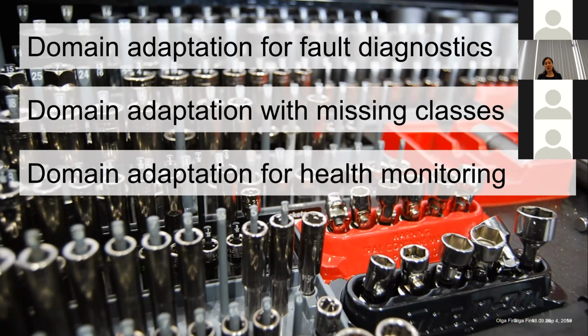I also showed you a case study on what to do if we have some missing classes on the target data set, for example if all the fault classes would be missing. And the last case study was domain adaptation for the cases where we don't have any faults observed at all, and we are only able to use the healthy data. With that, I would like to close, and we still have 15 minutes for questions. If there are no questions, you can have a larger break, since we already took the other break away from you.